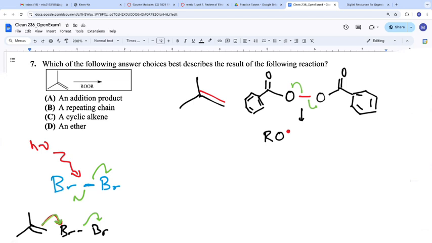So now what does it react with? So now we could introduce the pi bond. I'm going to flip it so the pi bond's a little bit closer. Radical comes out, radical comes out, radical goes in. And we form an RO bond now to our carbon structure.